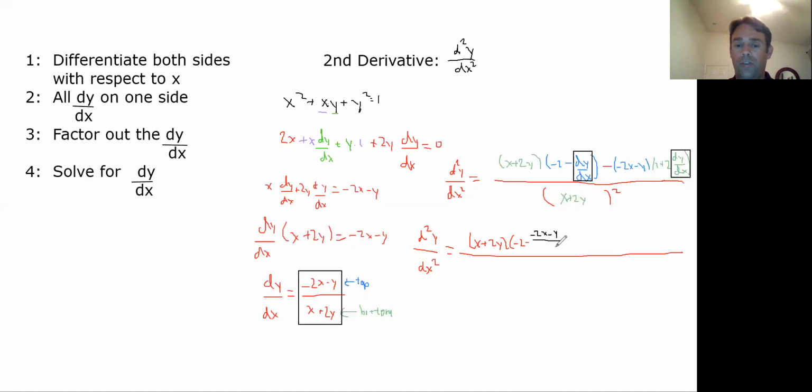Again, we're not going to simplify this, so don't freak out about it. I know that tends to be what people do. These are some ugly answers. Minus negative 2x minus y. One plus 2, oh, we got that dy/dx thing again, so we have to plug that back in.